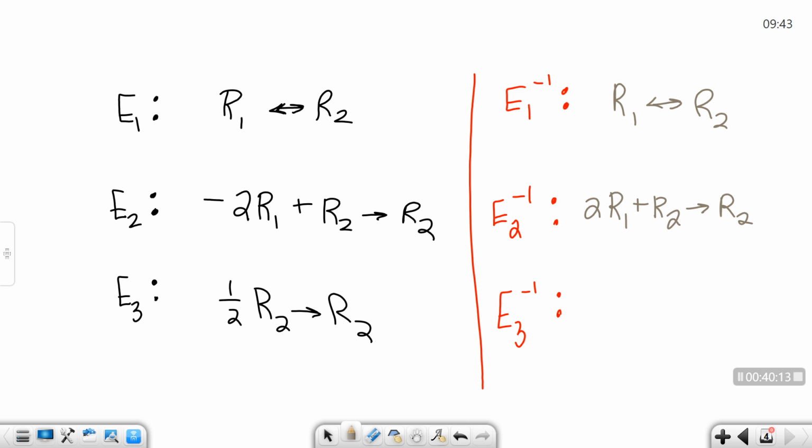Everything else stays the same, but instead of multiplying it by a negative 2, we multiply it by a positive 2. Okay, and that's because the inverse of subtracting is adding, and the inverse of adding is subtracting. So that's your add subtract one there.